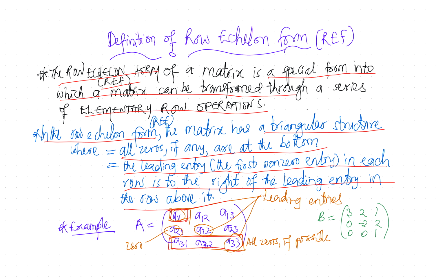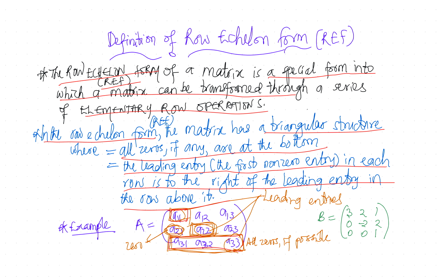Since the leading entry is the first non-zero entry, it means that automatically whatever is before it has to be 0. If there's a zero row, it will be the last row, so all of that will be 0. Then because this leading entry has got to be non-zero, this value also has got to be 0.